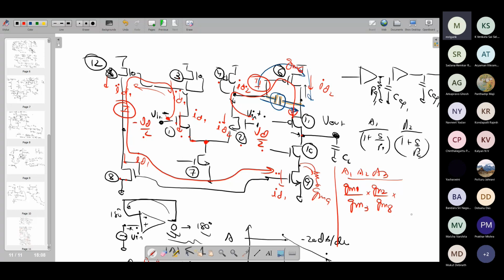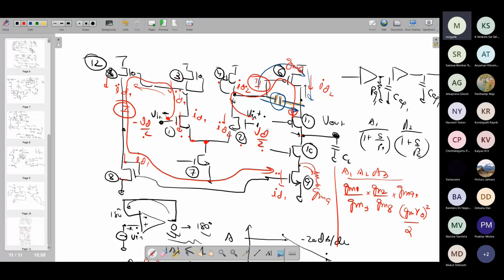But the gain is given by GM9 into whatever is the output impedance. That is of the order of GMRO square. Exact value will be GM11 into RO11 into RO6, and likewise GM9 RO. So overall you have GMRO square by 2.